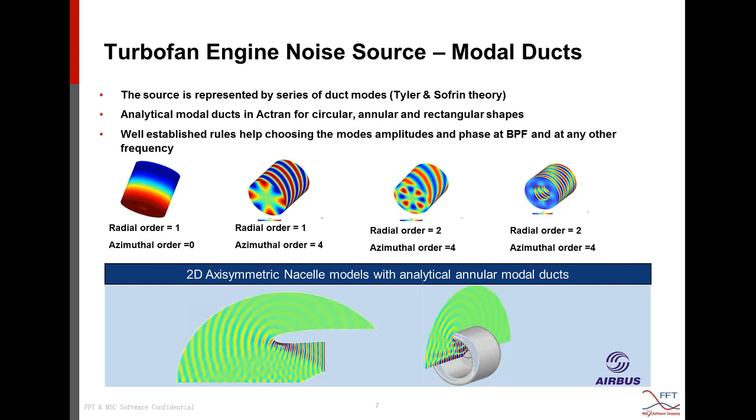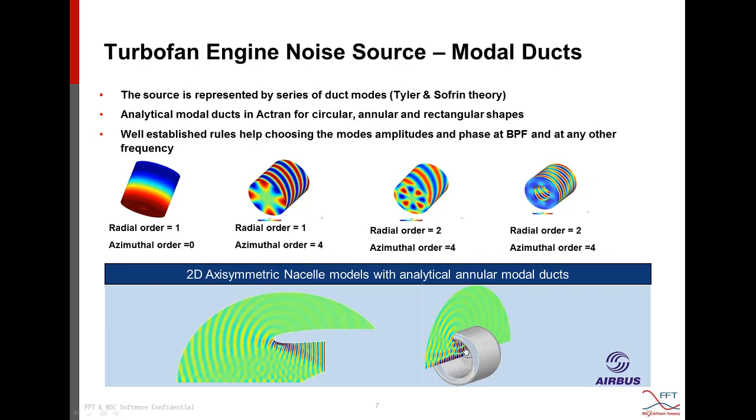In Actran, in order to represent the noise sources, for example, in this turbofan engine created by the fan, we will plug an analytical representation of the acoustic duct. It's also called the modal duct.